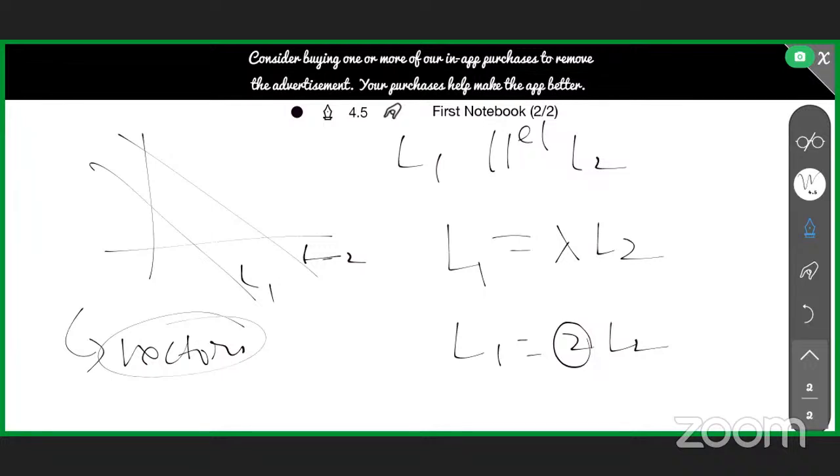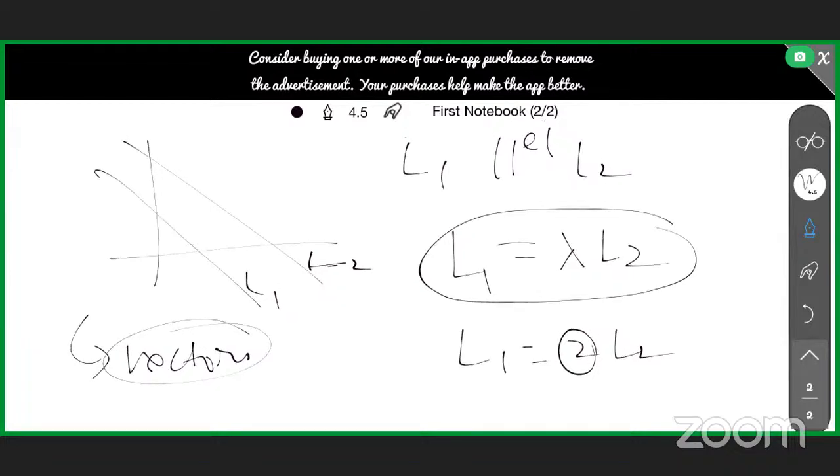So when we say two lines are parallel, it can be expressed as a product, a multiple, or a constant of something. Please remember this condition. Whenever we say two lines are parallel, we express one as a multiple or a constant of the other. Not only lines, with regard to vectors also.